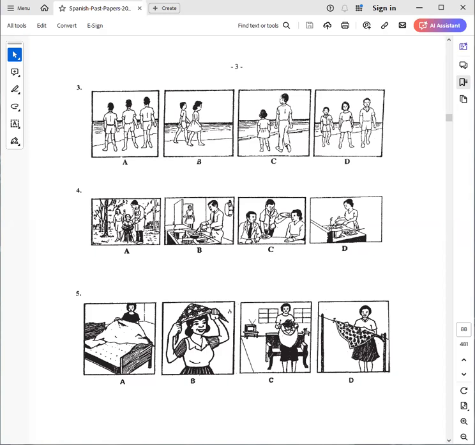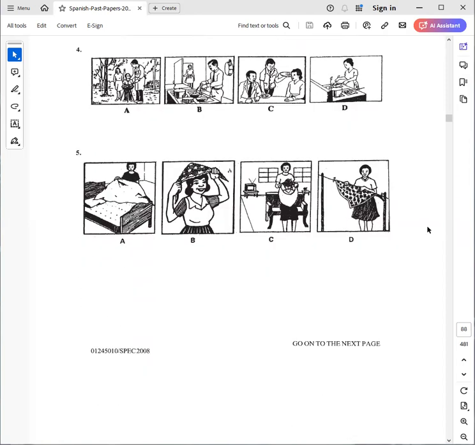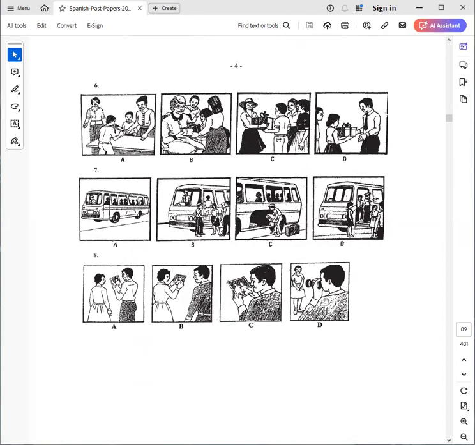Number 5, ella tiende el mantel. Number 6, ellos miran mientras que ella le entrega el regalo.